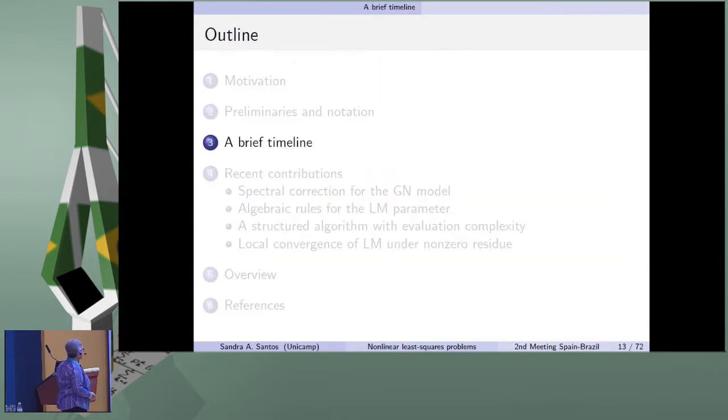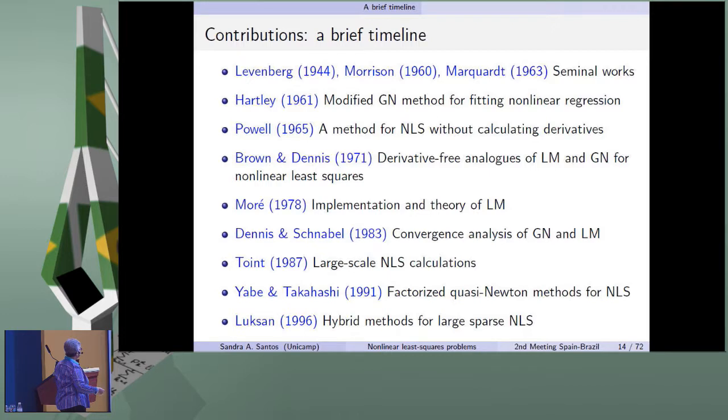Okay, now that we have seen some of the terminology, I can provide you a brief timeline on names of authors and works along time. So no doubt, the seminal works of Levenberg and Marquardt are the most known research in this area. But one should also acknowledge the work of Morrison, that is sometimes forgotten, but he also proposed the same strategy as Levenberg and Marquardt.